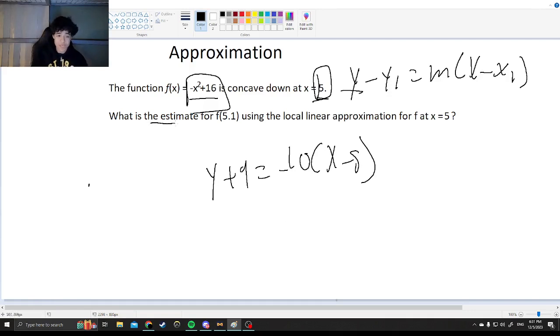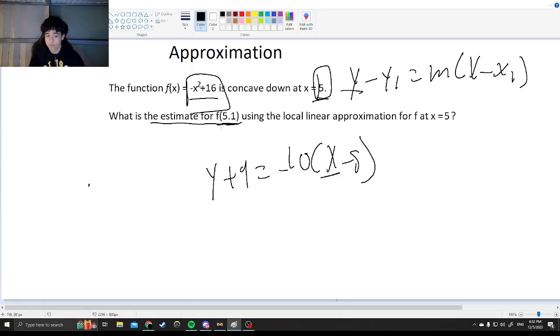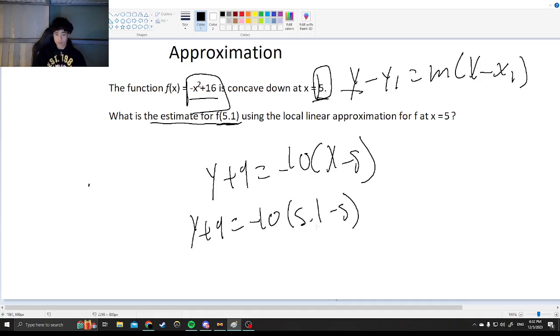So if we're trying to find the estimate for f of 5.1 using this equation here, all we have to do is replace our x with 5.1 because we're using our tangent line here. We're not using our original function. So if we use our tangent line here, we get y plus 9 equals negative 10 times 5.1 minus 5, and then inside the parentheses, subtract that, you're just going to get 0.1.